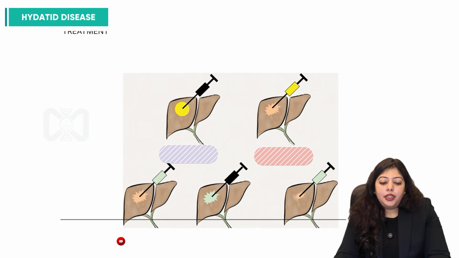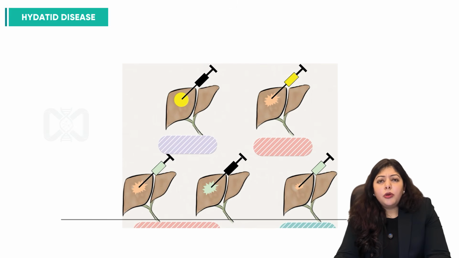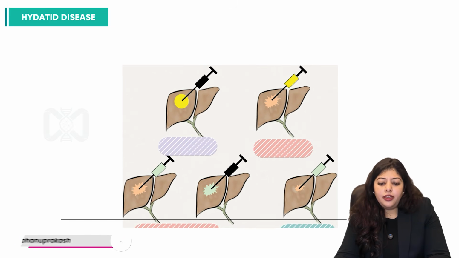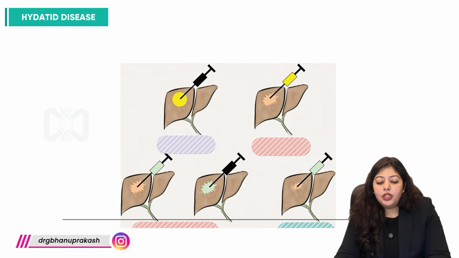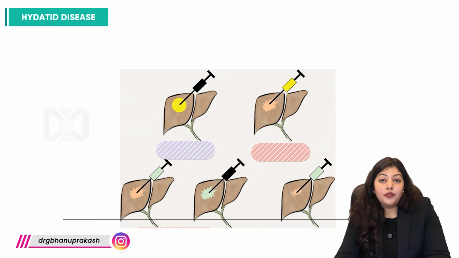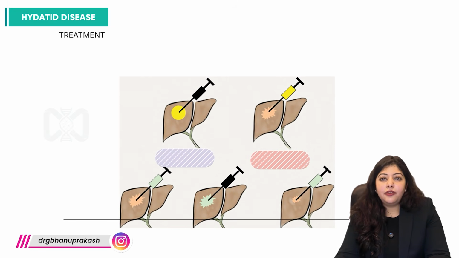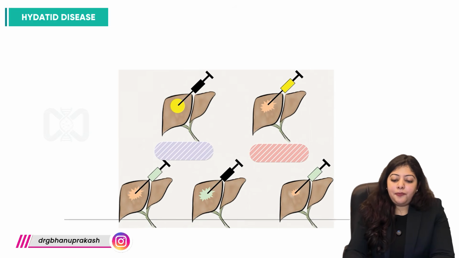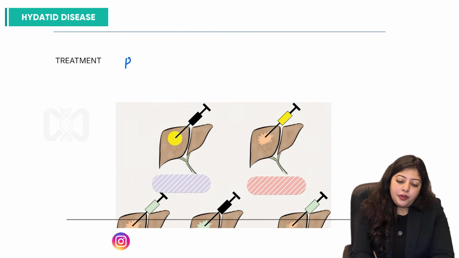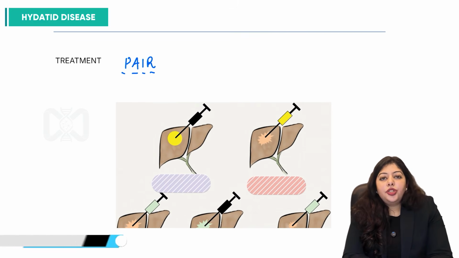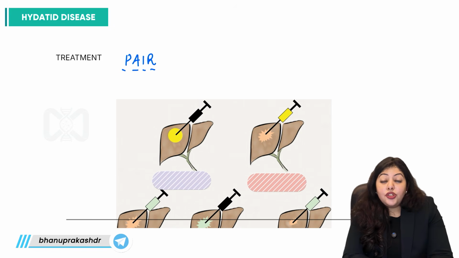But in normal patients, in doing-well patients, we do a conservative management or a palliative thing, which is known as PAIR. PAIR stands for puncture, aspiration, injection, and reaspiration, right?